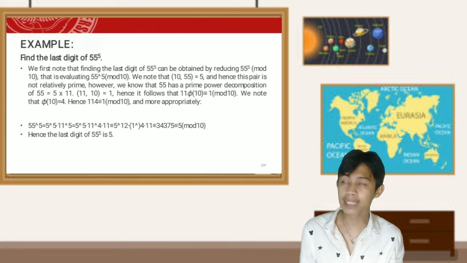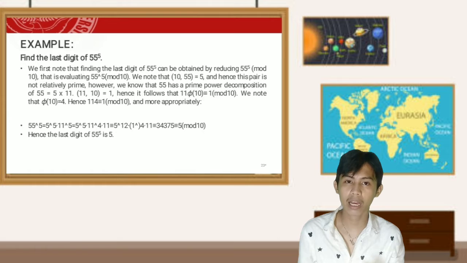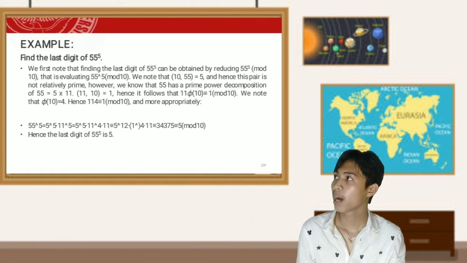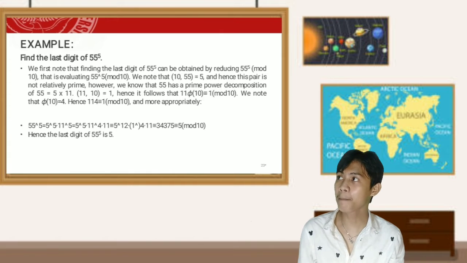We note that gcd(10, 55) is equal to 5, and hence this pair is not relatively coprime. However, we know that 55 has a prime decomposition of 55 is equal to 5 times 11.